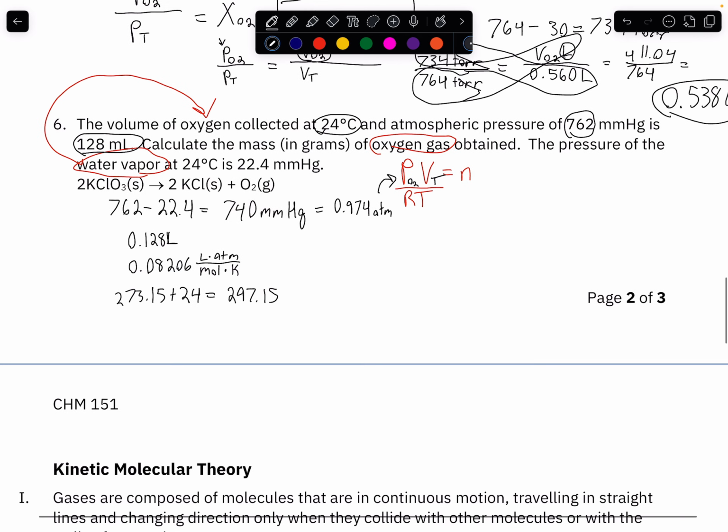I just want to reiterate that the reason we're doing partial pressure versus total volume is because we want to account for specifically the pressure or the calculated mass of oxygen gas. We don't want to go super in depth to where we have the total pressure and the total volume, because that's not going over the oxygen gas specifically.